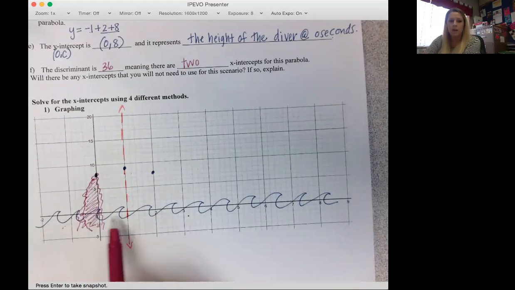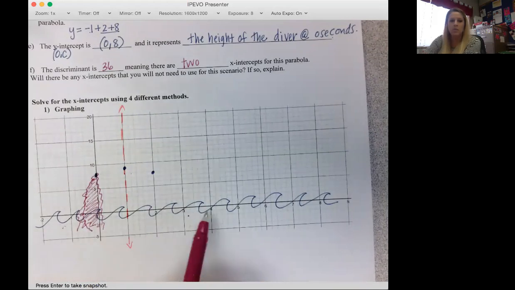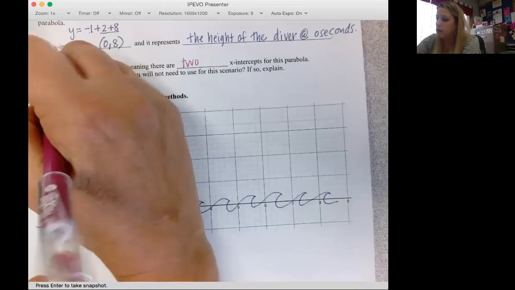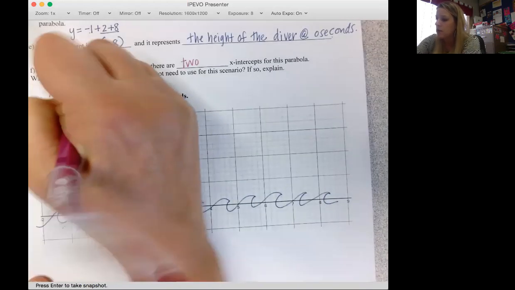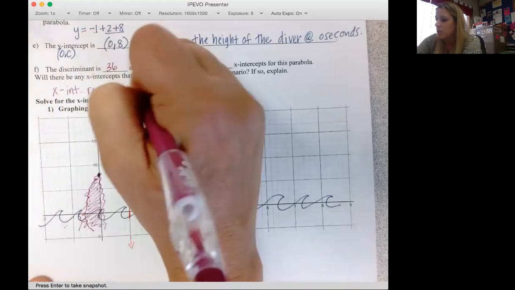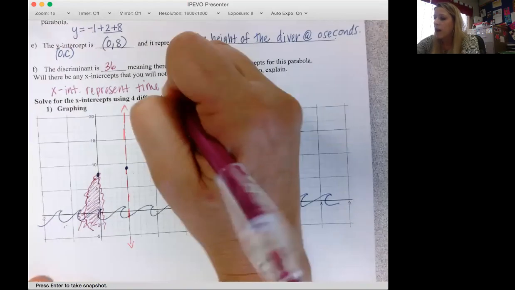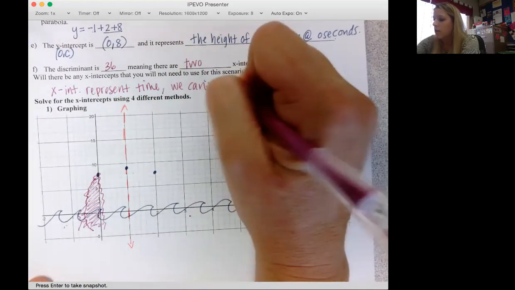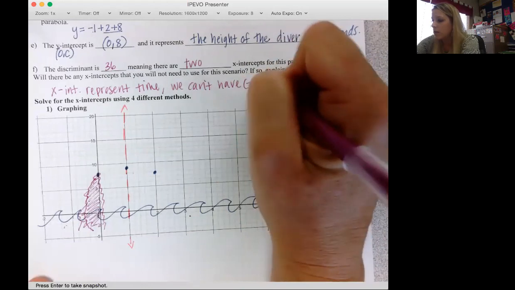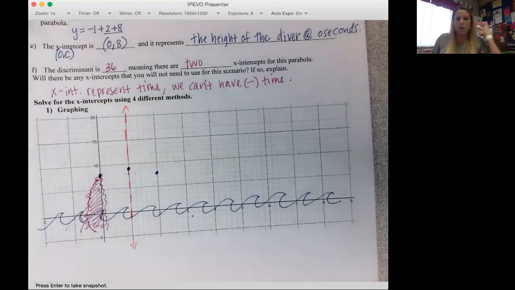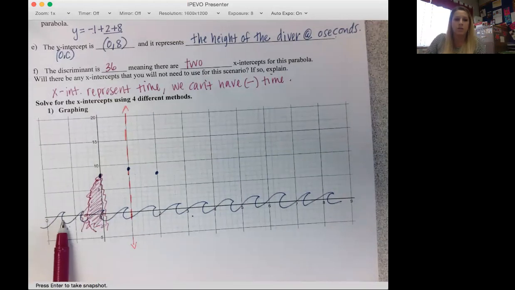And the main thing is that the negative, or these numbers right here, x-intercepts, are talking about time. So x-intercepts represent time. And we can't have negative time. Okay, so because we can't have negative time, or we can't go back in time, we're not going to be using the negative side of this graph.